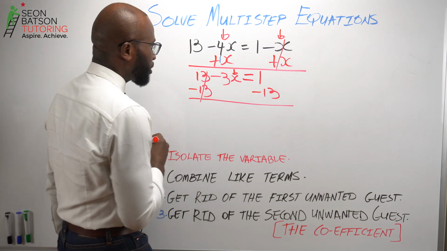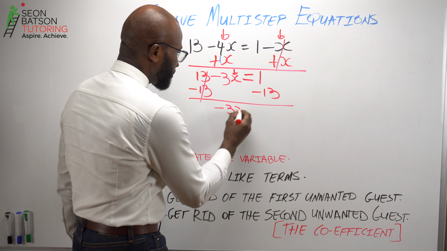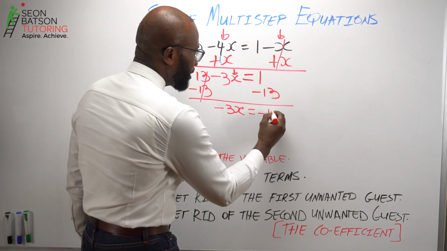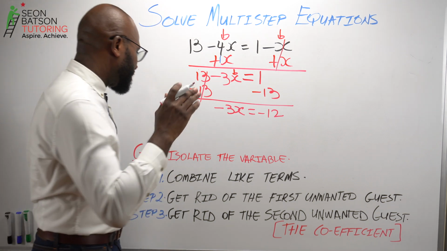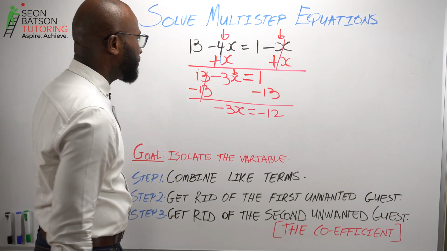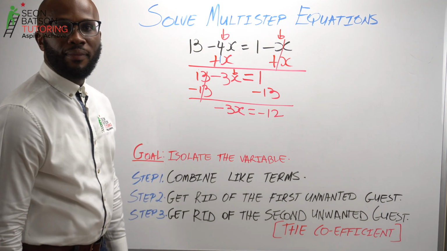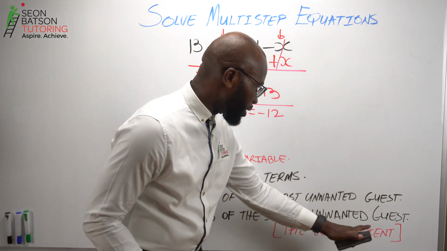So that's gone. So on the left side, we're left with negative 3x. And 1 minus 13 is negative 12. Yes, so we have successfully gotten rid of the 13.